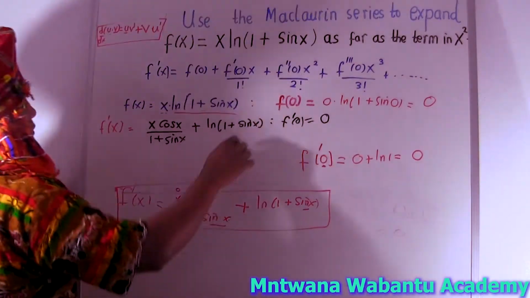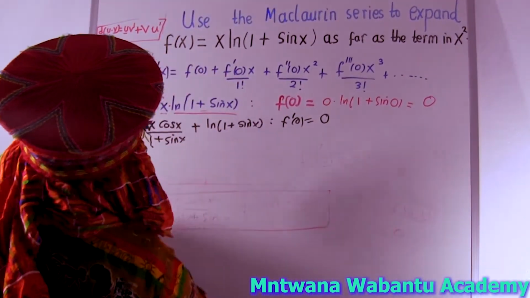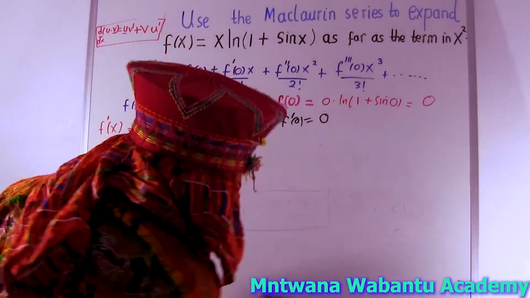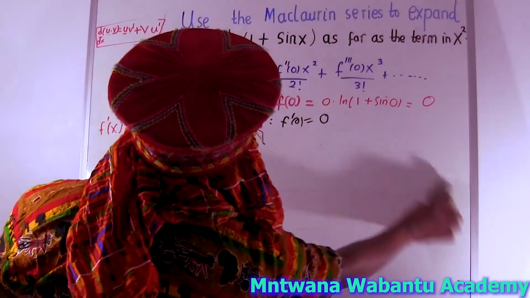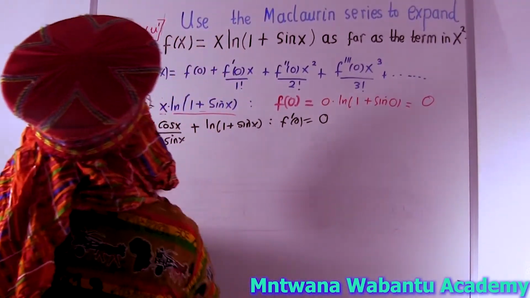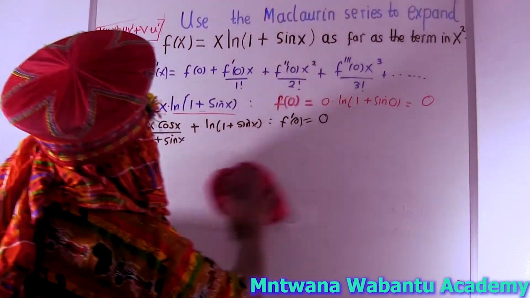So now let's go for f second prime. Okay, so what I'm going to do is take the f prime and then differentiate to get the second prime.